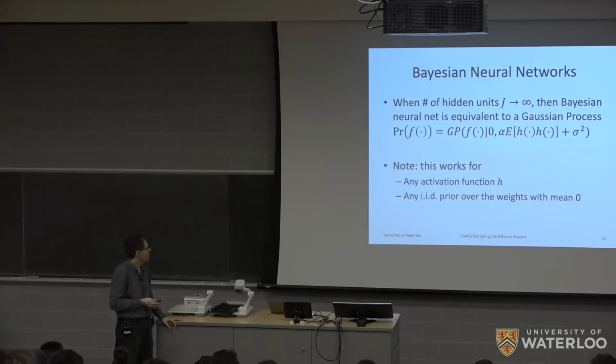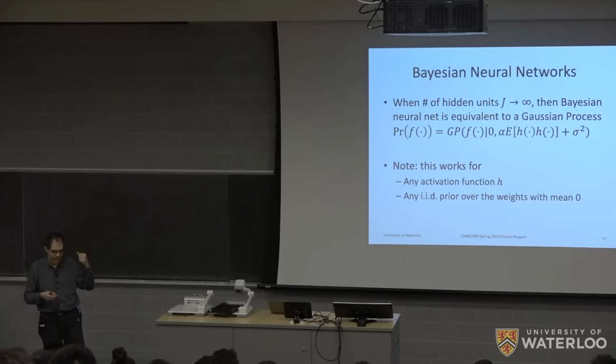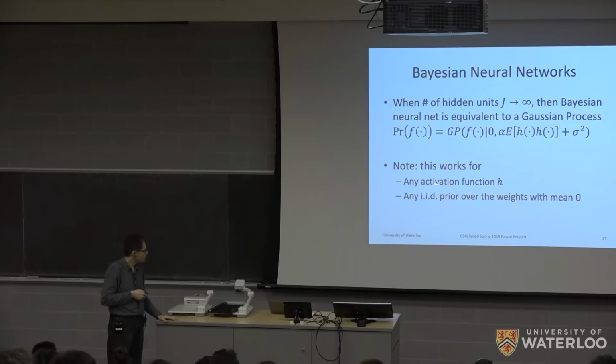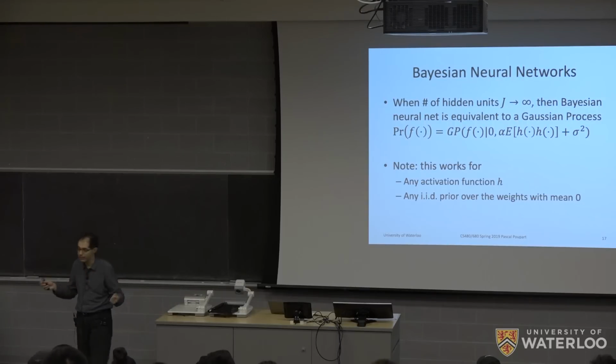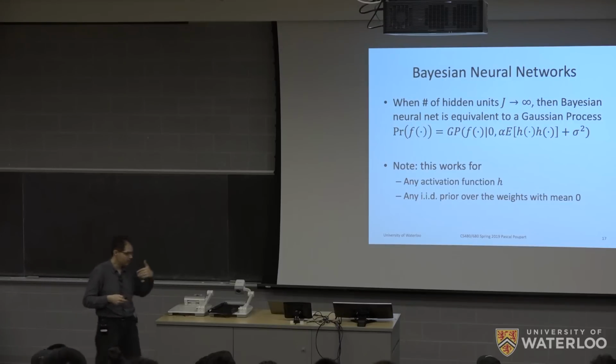Okay. All right, so in summary, what we've just shown is that if we have a neural network with 2 layers, and it doesn't matter what the activation function h for the hidden layer is, it can be anything, right? And as long as I'm doing Bayesian learning, where I assume that my prior over the weights has mean 0, and all those priors are independent and identically distributed, then I will be able to apply the central limit theorem.